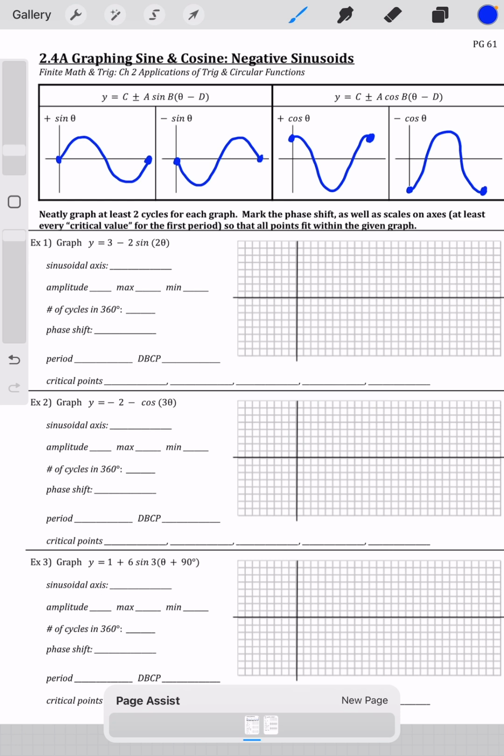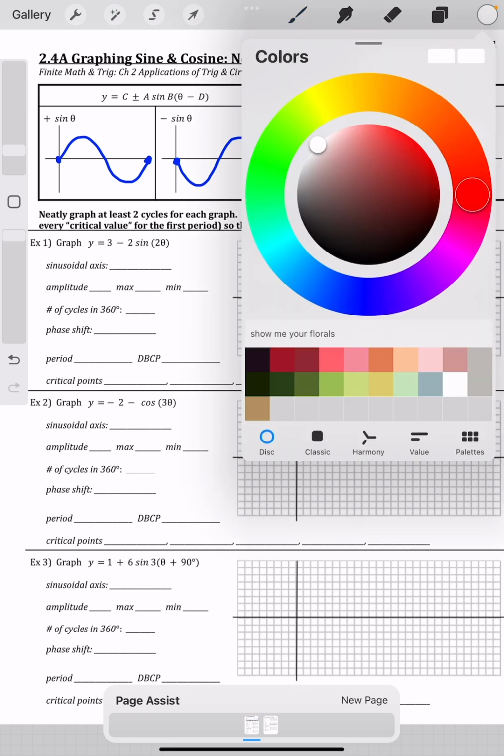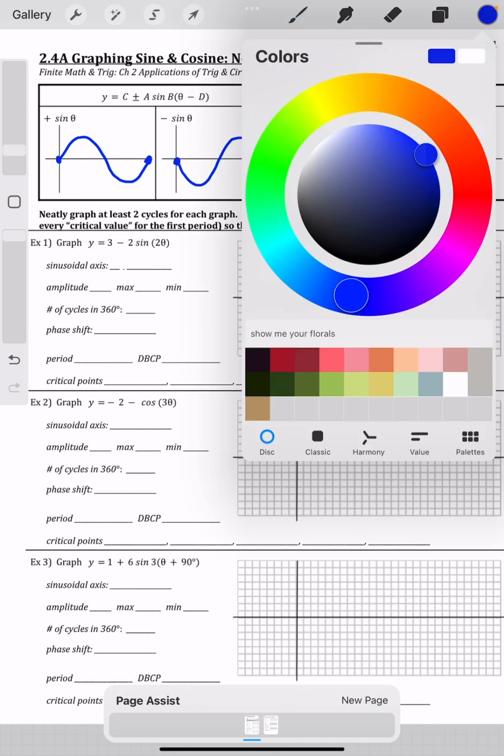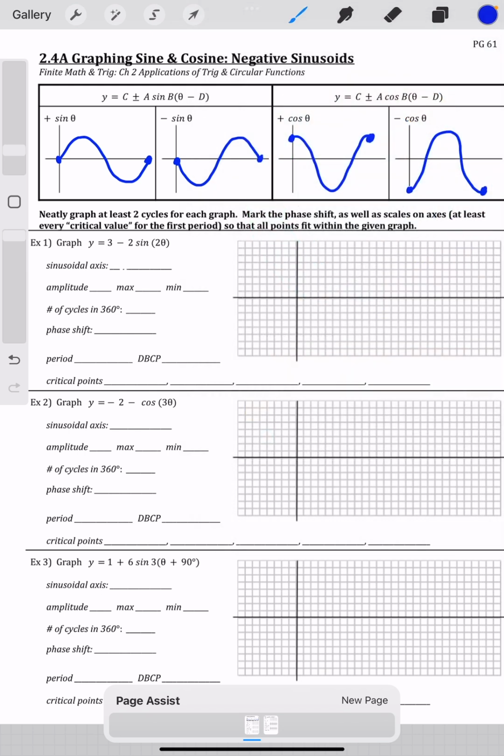So let's take what we know. Everything stays the same except for where I put my points. Our sinusoidal axis is still y equals 3, right? That's right there.